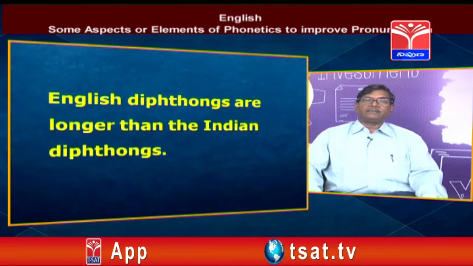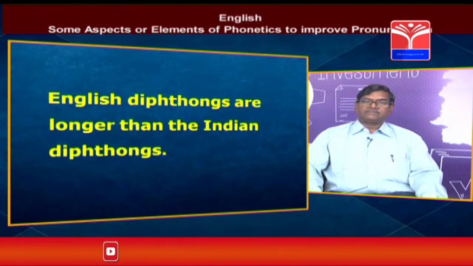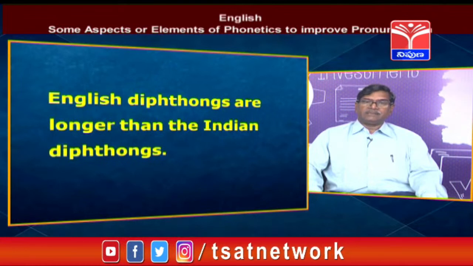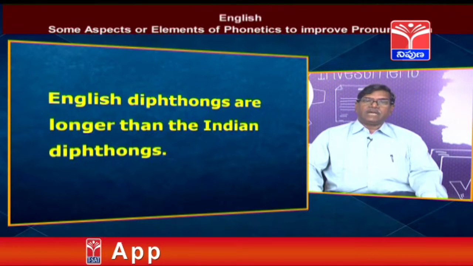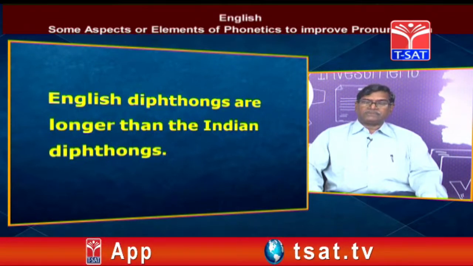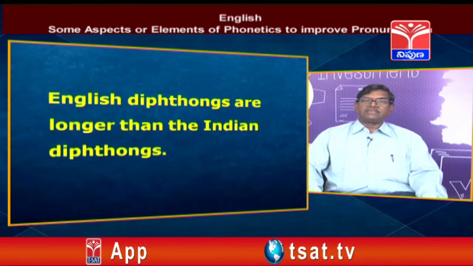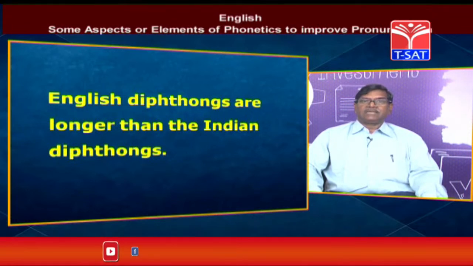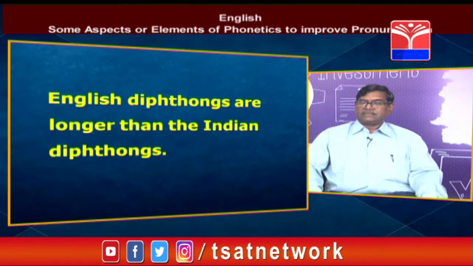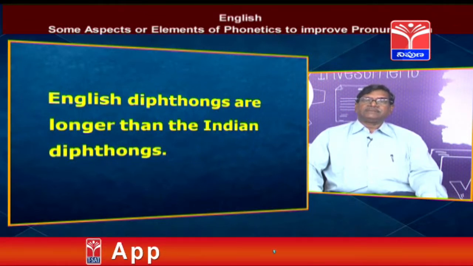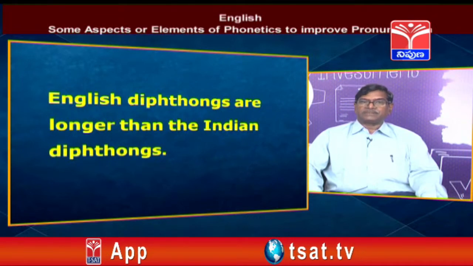We say the sound short in Indian languages, but here in English, how, now, it is longer. So, English diphthongs are longer and they are uttered with a strong accent. There is accentuation. We come to that aspect sometime later.